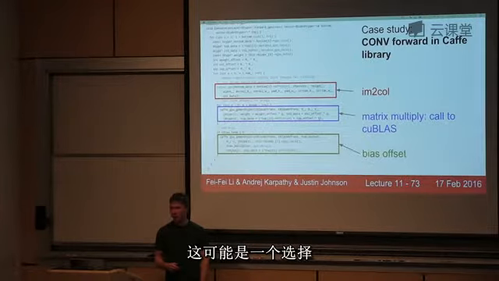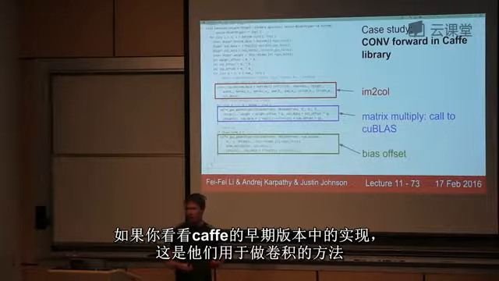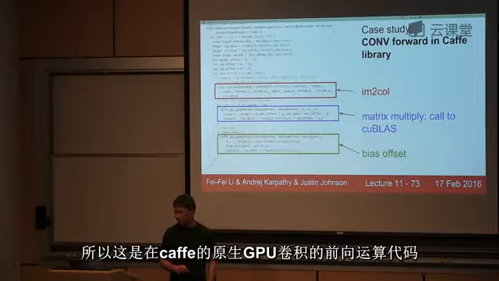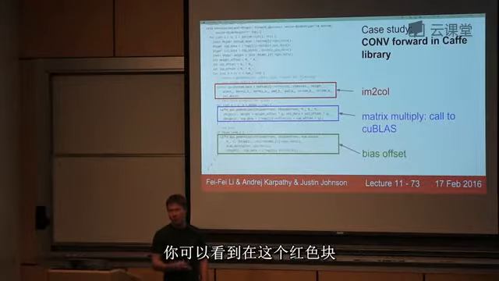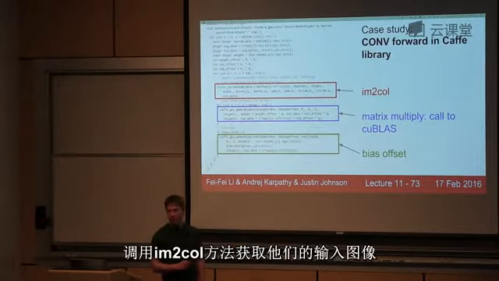And if you look at Caffe, in early versions of Caffe, this is the method that they used for doing convolutions. So this is the convolution forward code for the native GPU convolution in Caffe. You can see in this red chunk, they're calling into this im2col method.